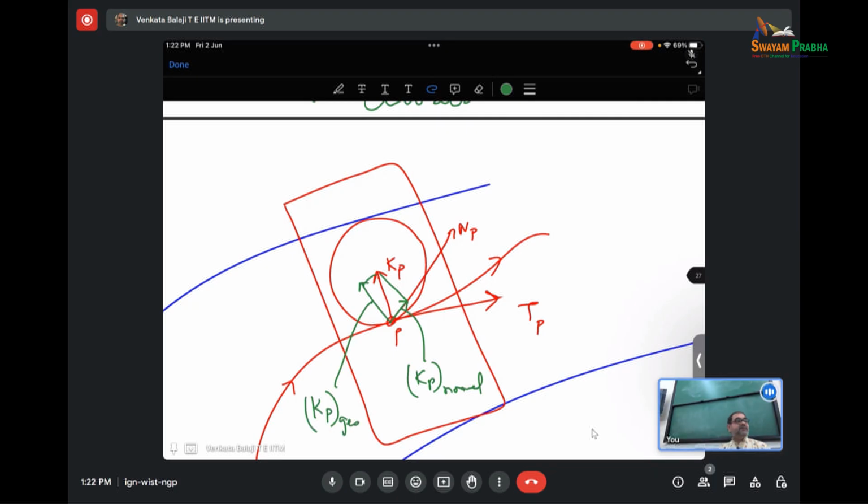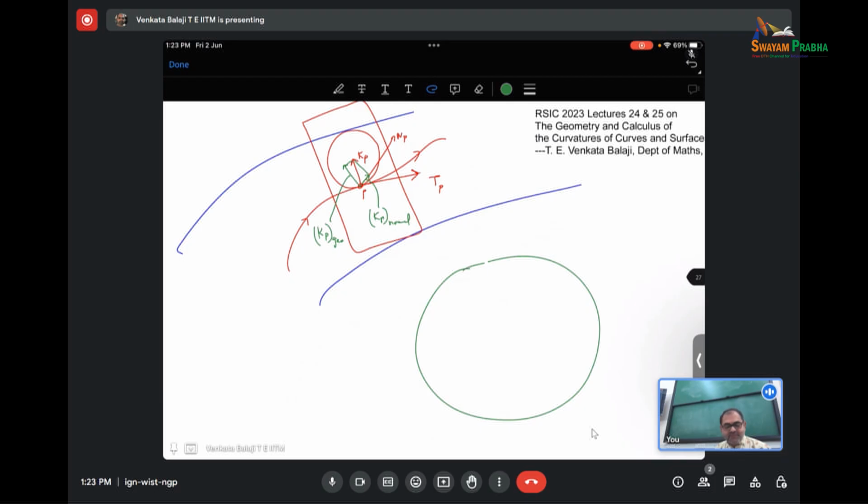And when is the curve a geodesic? When the geodesic curvature is 0. That's obvious, right? Because if you just think about a sphere, suppose there's a curve like this. Let's look at just the case of circles which are not great circles and circles which are great circles.